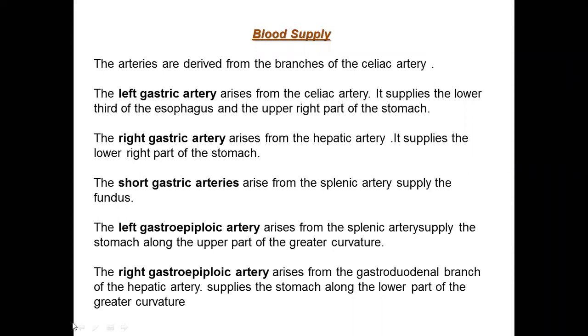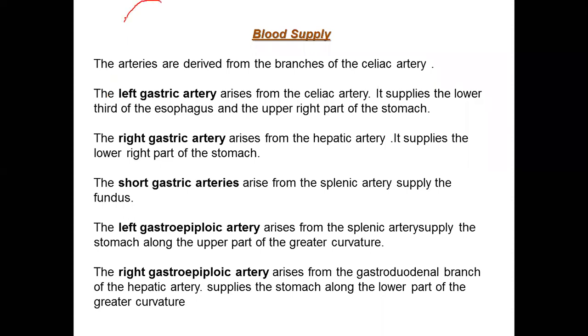The left gastric artery supplies the upper right part of the stomach, while the right gastric artery supplies the lower right part. The left gastroepiploic artery supplies the upper part of the greater curvature, and the right gastroepiploic artery supplies the lower part of the greater curvature of the stomach.